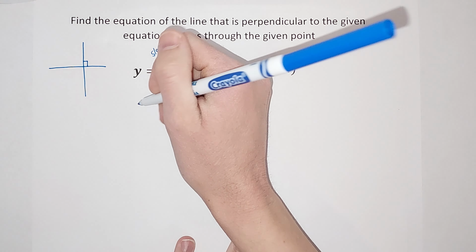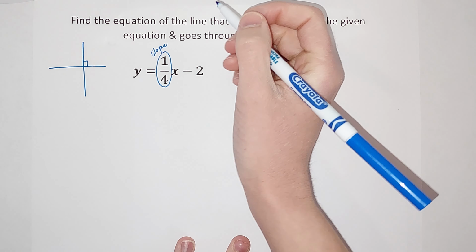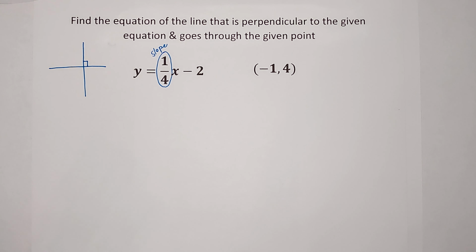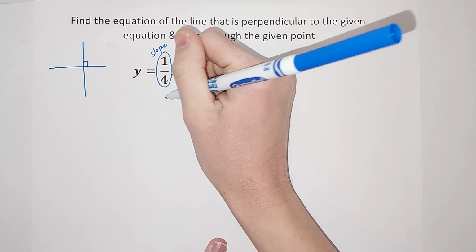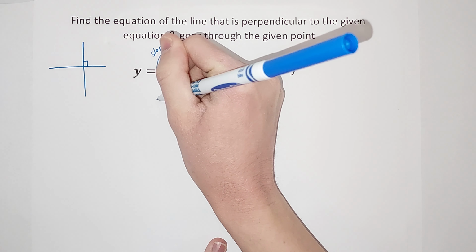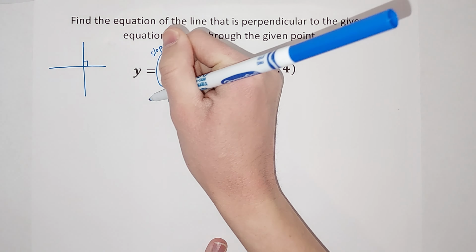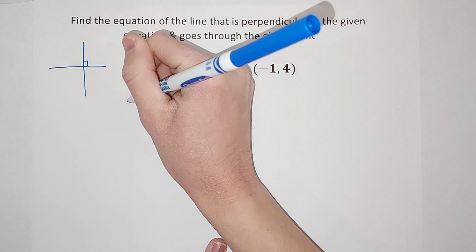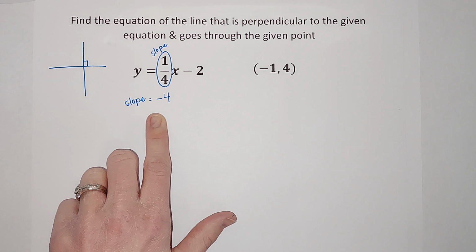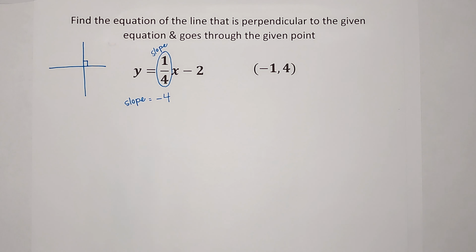So the slope of a line that is perpendicular to this one, we flip that, which I could write as 4/1, but usually when something's over 1, we don't write the 1. So it's going to be 4, and change the sign so it's negative. So the slope of my perpendicular line is going to be -4.